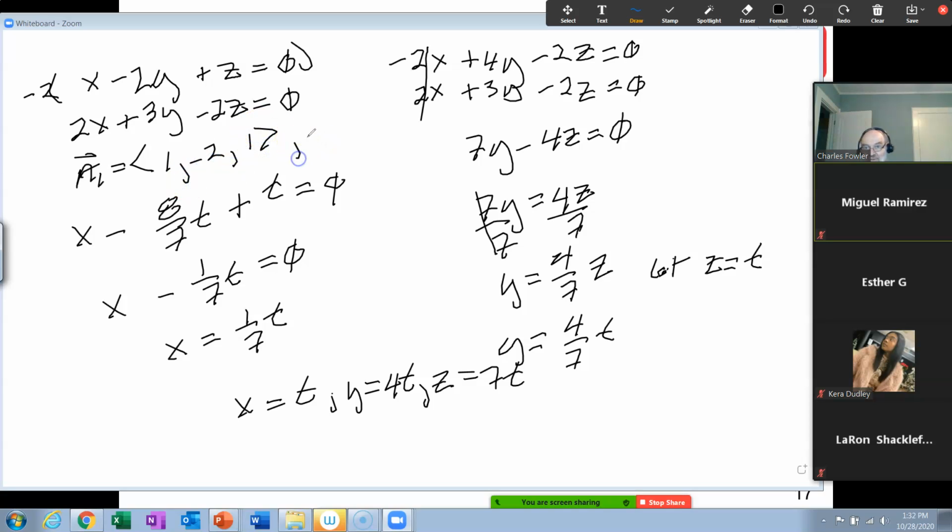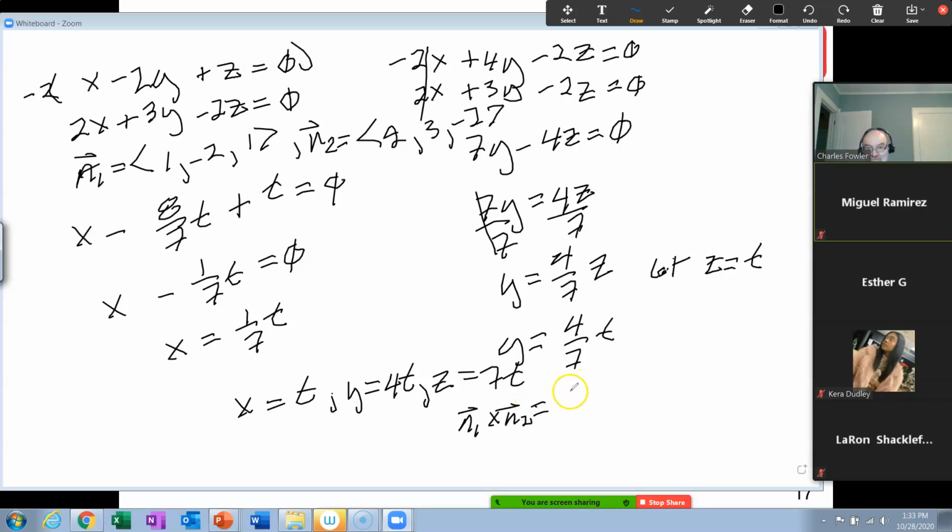Your n2 here was this vector here, 2, 3, -2. Okay, those are your direction numbers for those vectors. Now do a cross product, n1 cross n2.